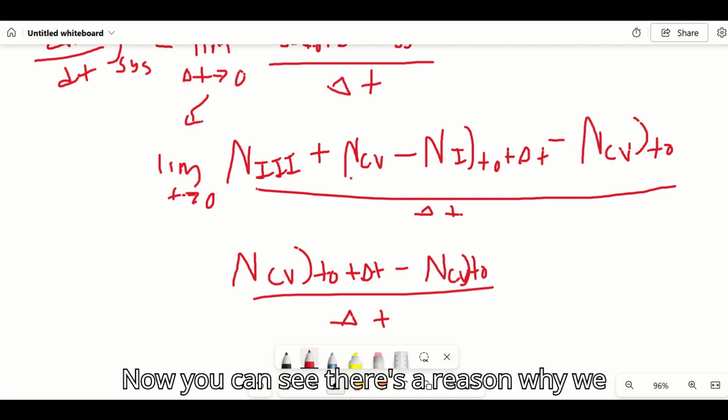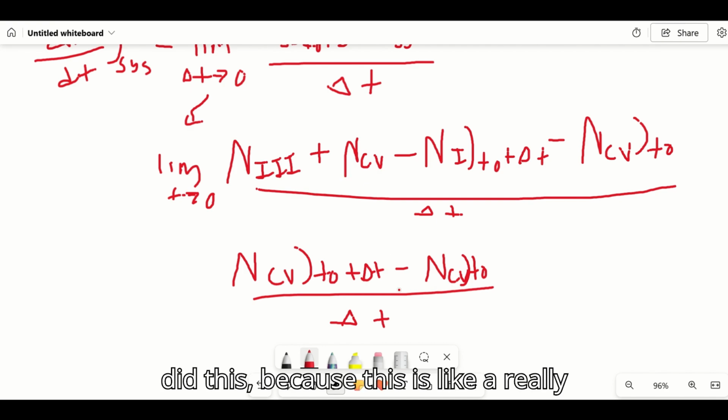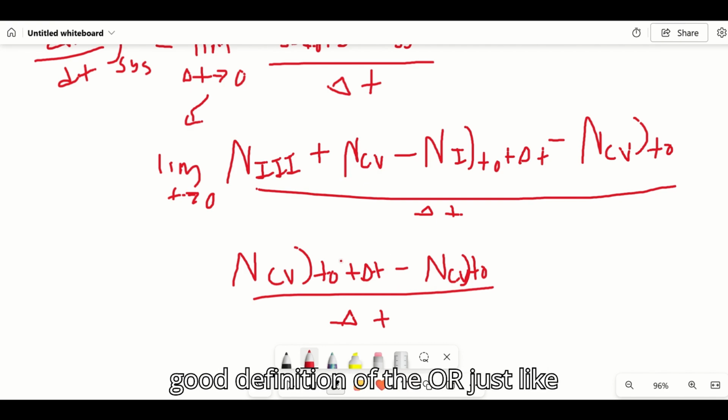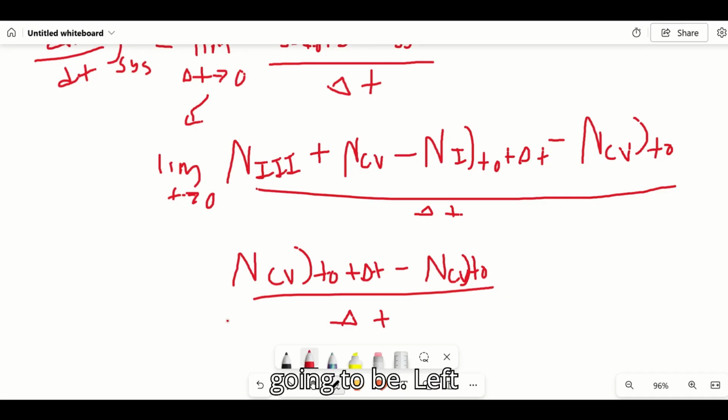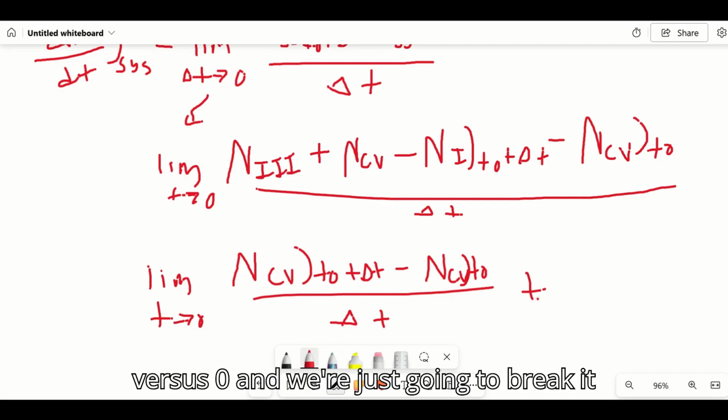Now you're going to see there's a reason why we did this, because this is like a really good definition, this is perfect for the derivative. So this is going to be as delta t approaches 0, and we're just going to break it apart.